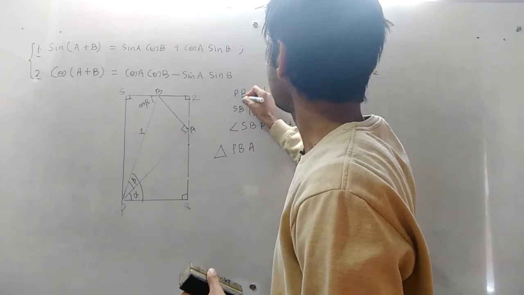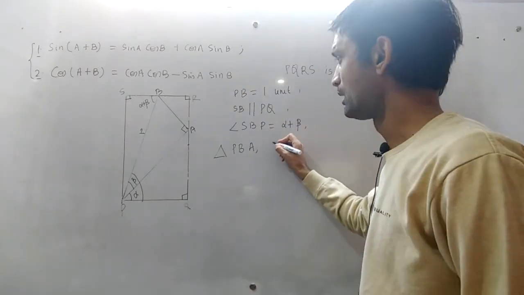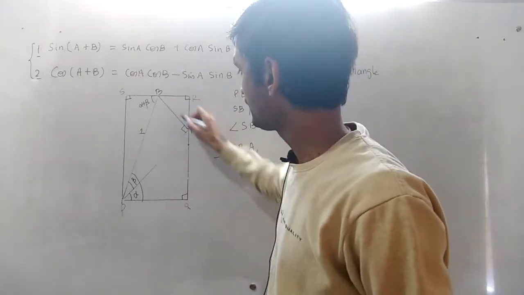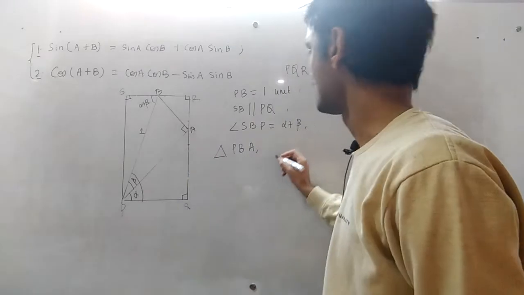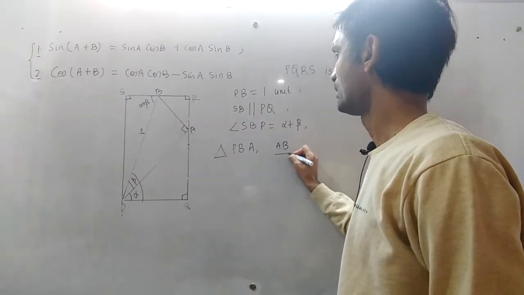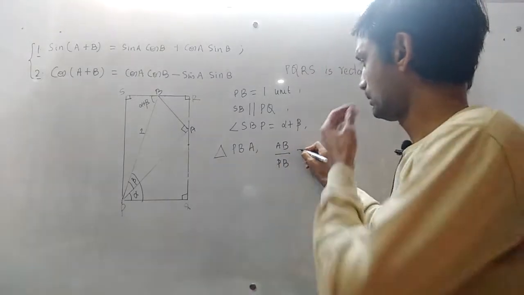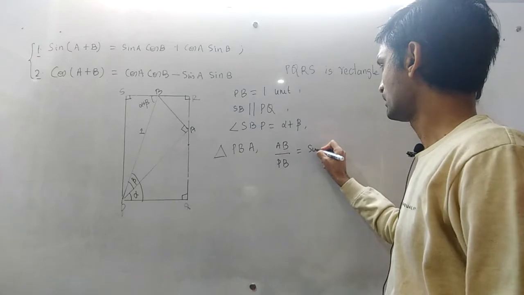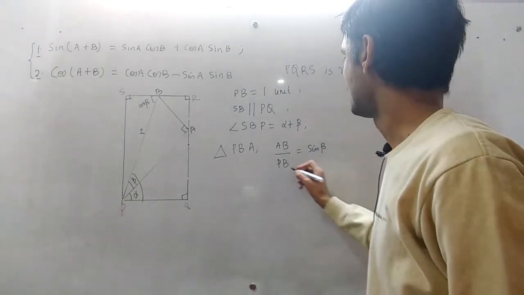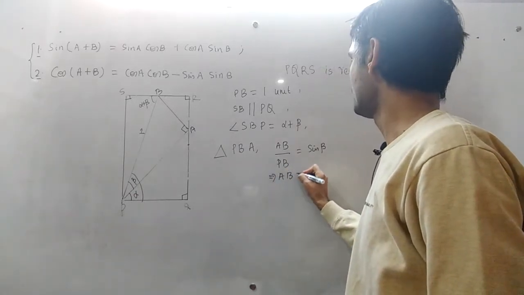For angle beta, this angle PBA is beta, so you can write AB upon PB is equal to sin beta. PB is 1, so you can write AB is equal to sin beta.